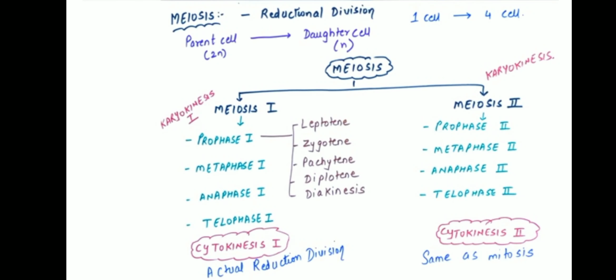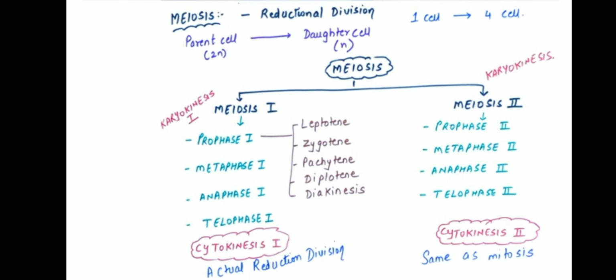In prophase 1, 5 stages occur: leptotene, zygotene, pachytene, diplotene and diakinesis. And cytokinesis is the division of the cytoplasm itself along with the nucleus. Here the actual reduction division takes place. Reduction division in the sense 46 is reduced to 23.